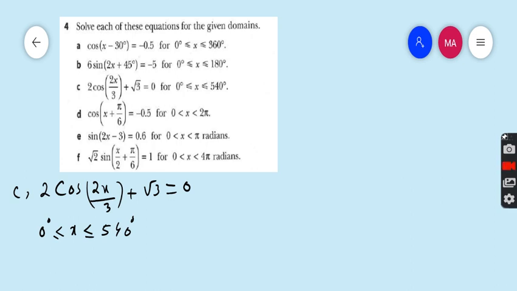Multiply by 2, 0 multiplied by 2 is 0. 2 multiplied by x is 2x. 540 multiplied by 2 is 1080. Okay. And next, because we need to divide by 3 as well, so divide all numbers by 3. 0 upon 3 is 0.